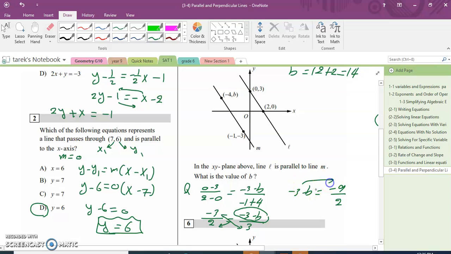And then get the negative 3 to the other side, it will be negative b equals negative 9 over 2, which means negative 4.5, plus 3, which is negative 1.5. Cancel the negative, so b equals 1.5.